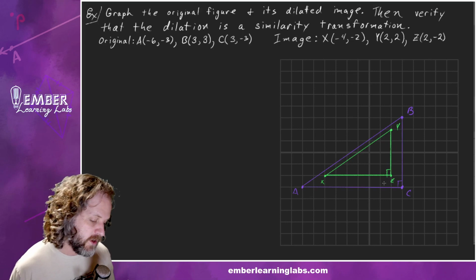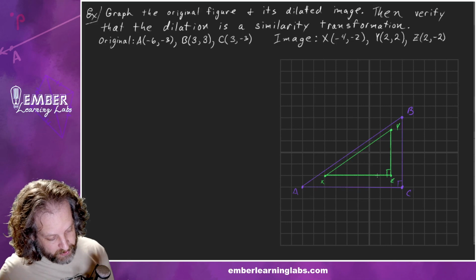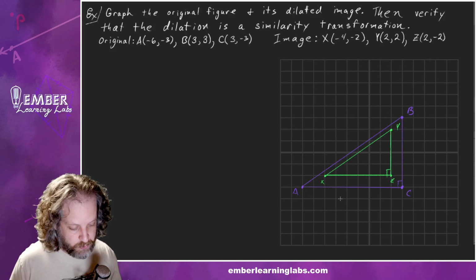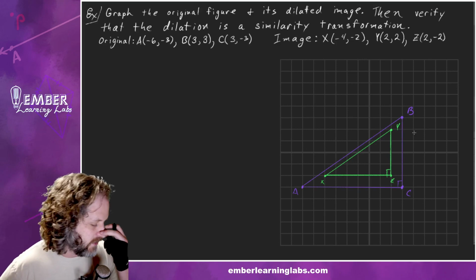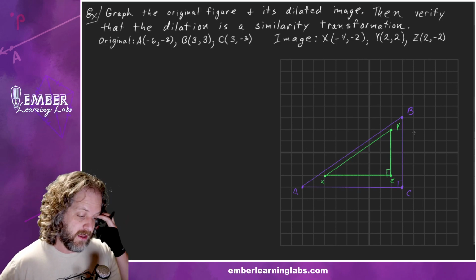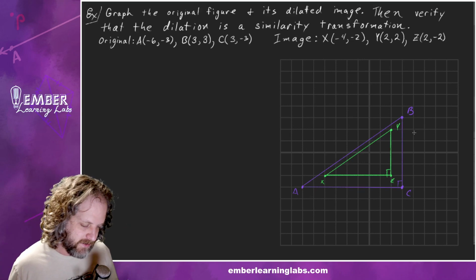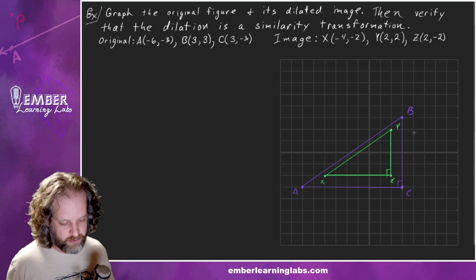So all we have to know, so we've got all right angles are congruent, right? So all we really need to do is be able to prove that XZ to AC is proportional to YZ to BC. And actually, we want to do it the other way around because we're not finding the scale factor, but to keep that habit, we'll do that. The proportionality statement will work either way.